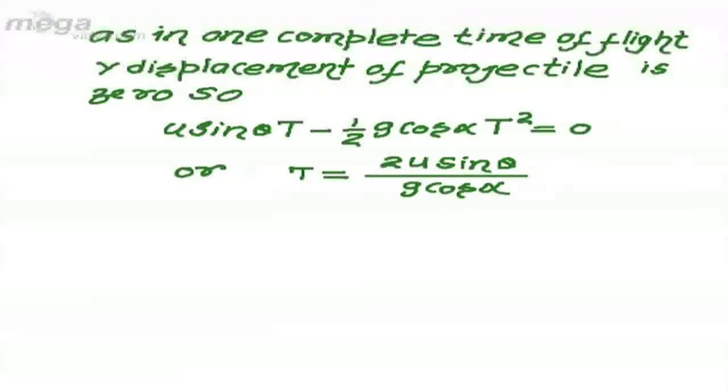So u sin theta t minus half g cos alpha t square is equal to 0, or the time of flight t is equal to twice u sin theta divided by g cos alpha.